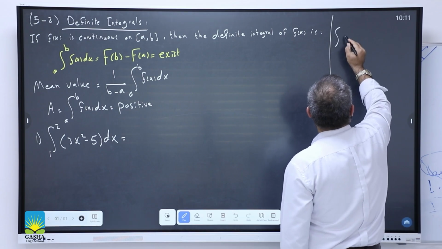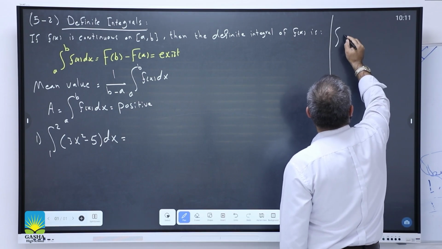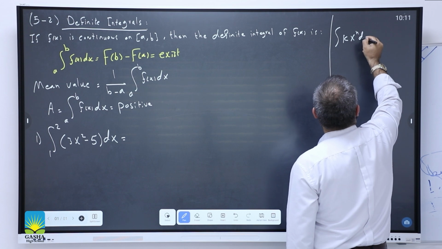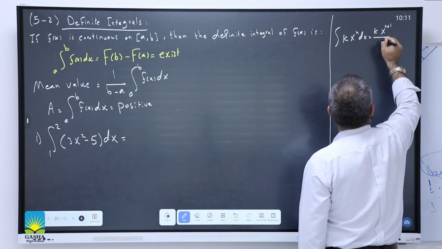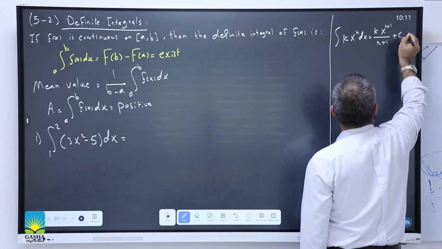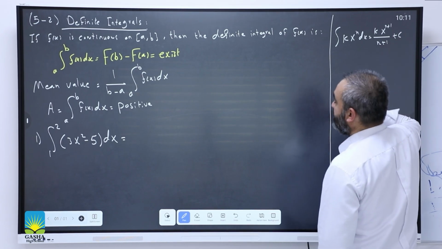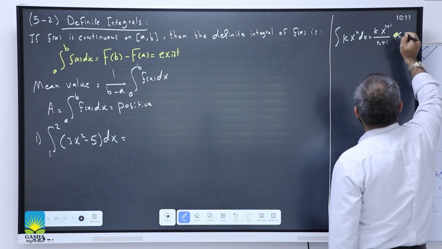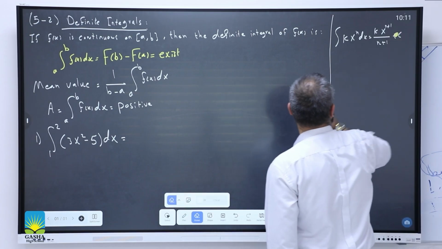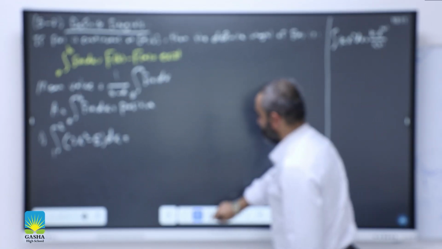The integral of kx to the power n dx equals kx to the power n plus 1 over n plus 1, plus c. But in the definite integral, we have no c in the result.